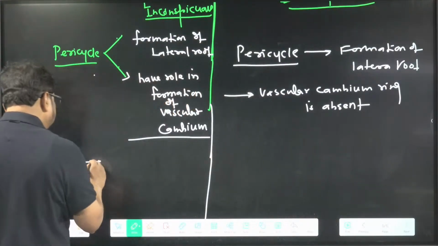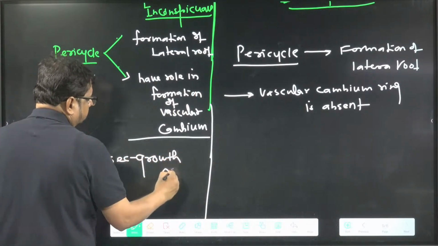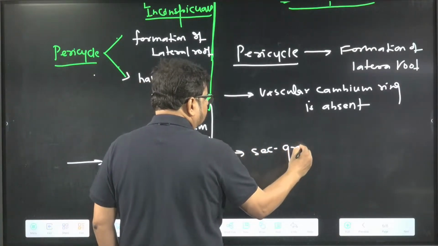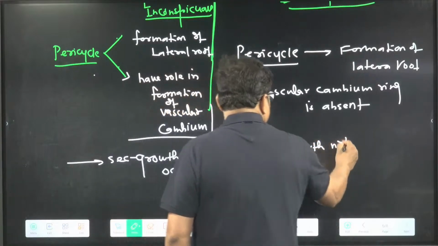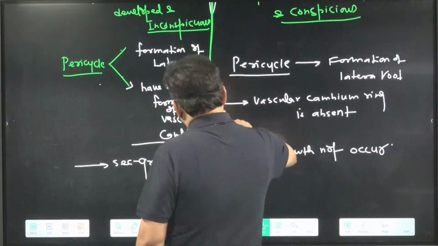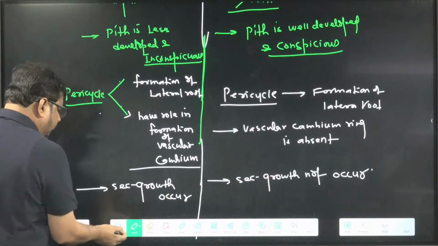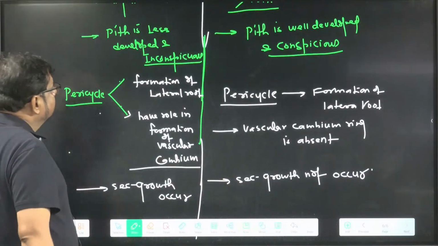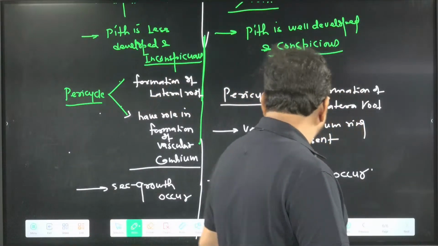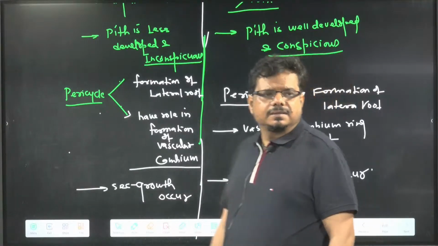In dicot, secondary growth occurs. Here in monocot, secondary growth does not occur. So these are the differences given at your level between dicot root and monocot root. Clear or not? Is it done? Clear in the mind?